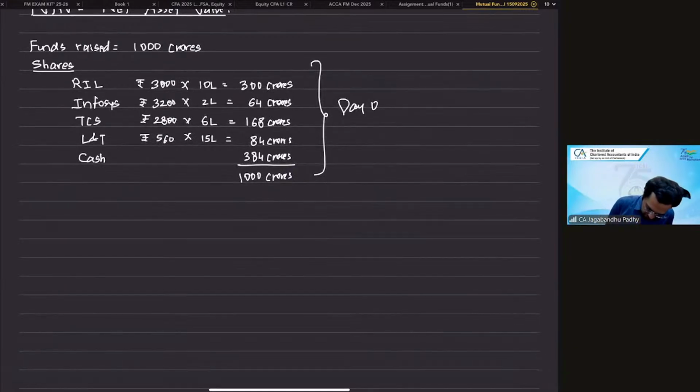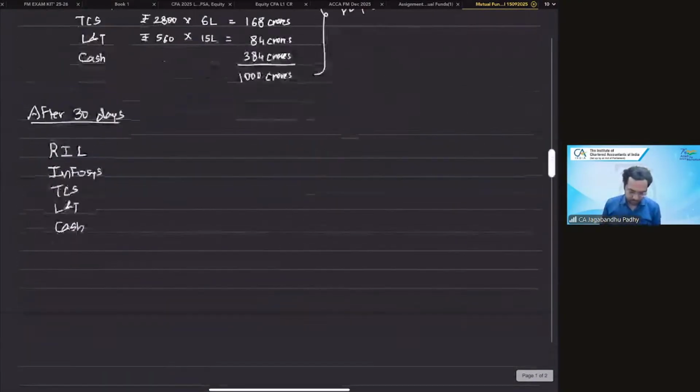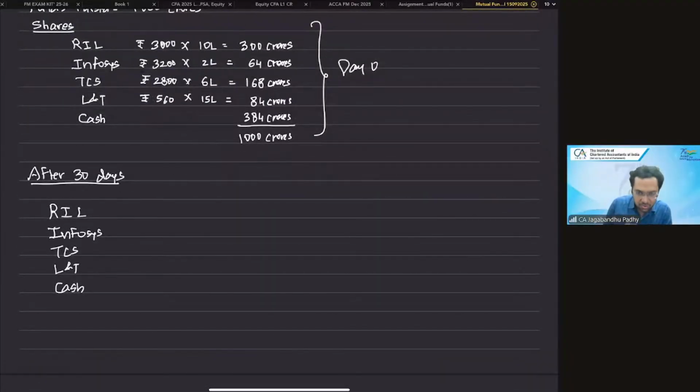Now let us say after 30 days, we have Reliance Industries Limited shares, Infosys shares, TCS, L&T, and some amount of cash balance. Now I'm just giving you, there's no buy and sell of any other security happening.